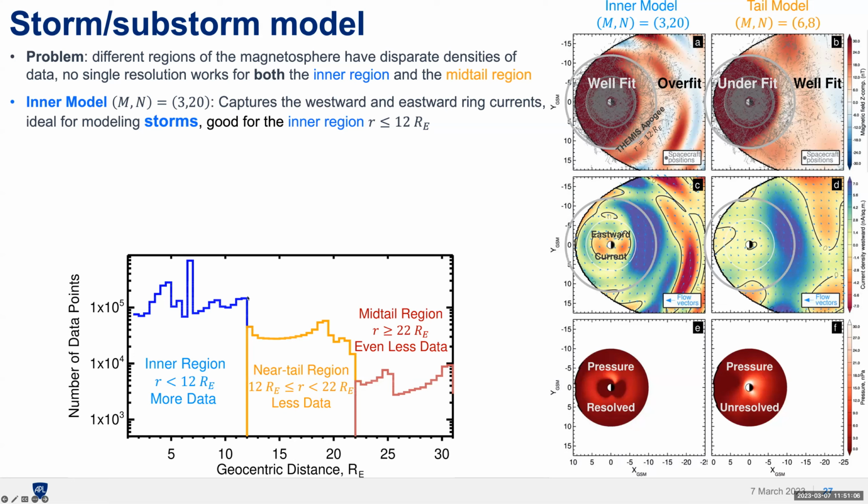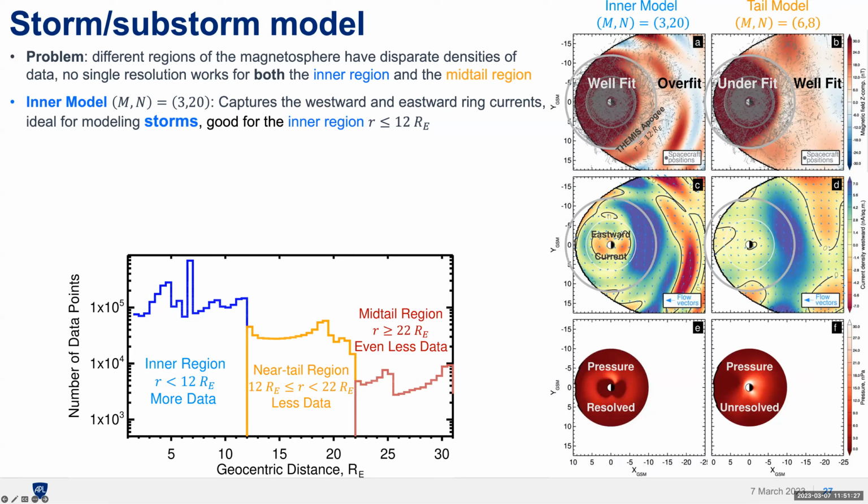So particularly, this is the Themis apogee here at 12 RE. So inside of 12 RE, we have ample data, but then in the midtail region, we have about an order of magnitude less data, and then we get even less data further out in the tail.